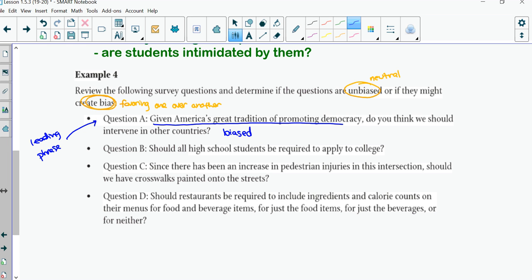Okay. The next question, should all high school students be required to apply to college? What do you think that would be? Do you think it's a neutral question, or do you think it's creating bias? Should all high school students be required to apply to college? That is a neutral question, so that is unbiased.